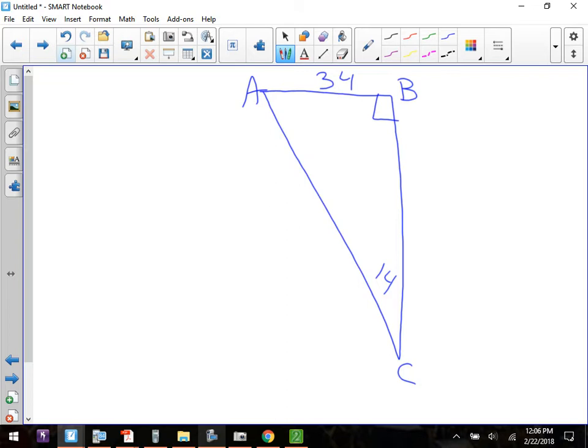Once again, I drew a diagram real quick that had one angle and one side length, which means I need to find one more angle and two side lengths. So just like we did before, we always start by circling the angle, draw your opposite, label a hypotenuse, and label your adjacent.